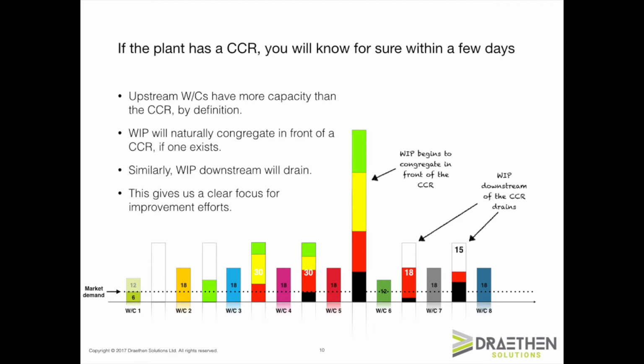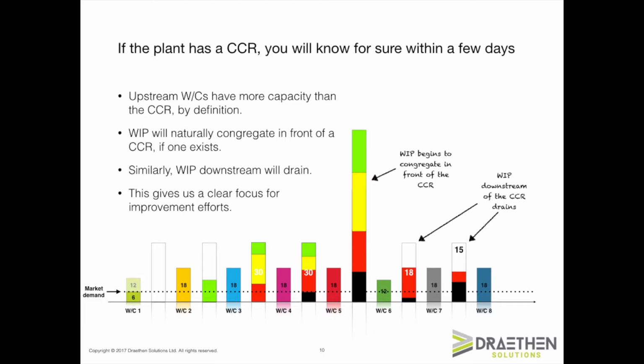Another thing that will happen very early on in the SDBR implementation is that if there is a capacity constrained resource in the plant, it will become very obvious very quickly. It's impossible to put an exact time frame on this as it depends on the capacity of the CCR relative to upstream work centers and the amount of inventory in the plant. However, it is very likely that if the plant has a CCR, it will begin to make itself known in the early days, and the way it does this is by having a queue larger than all of the other queues.